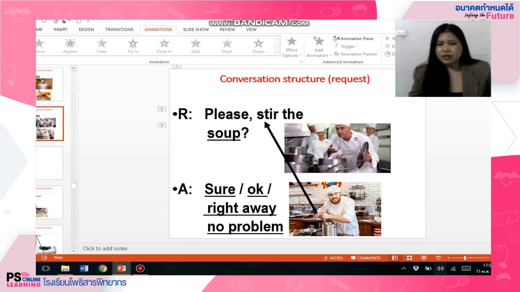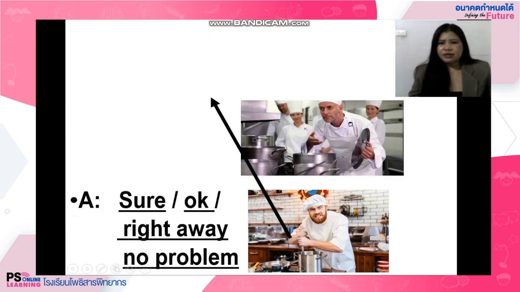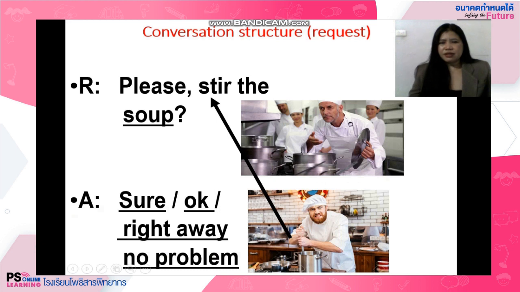Copy this as an example so that you have more choices for the answer. You can use sure, okay, right away, no problem. On the quiz, don't answer with okay, okay, okay, okay. I will not accept that. Use other answers too later.